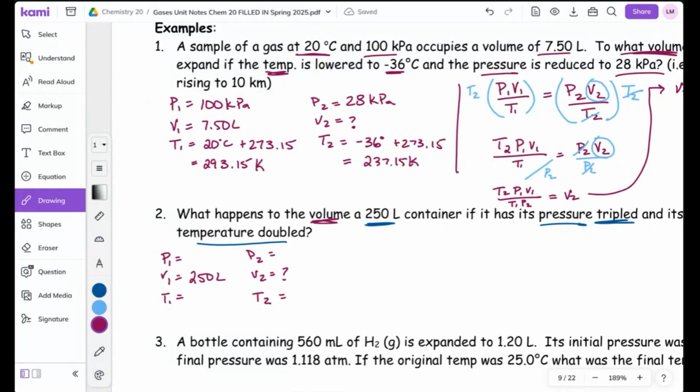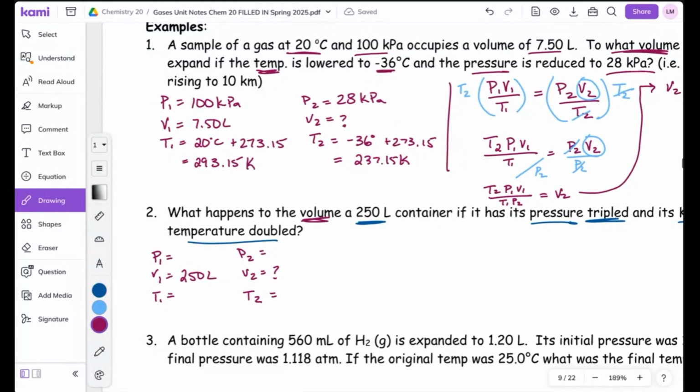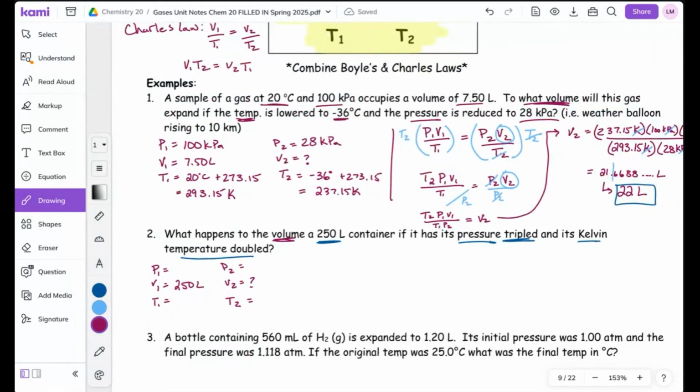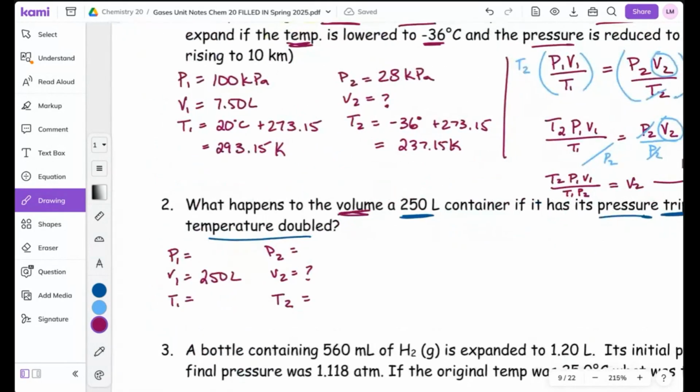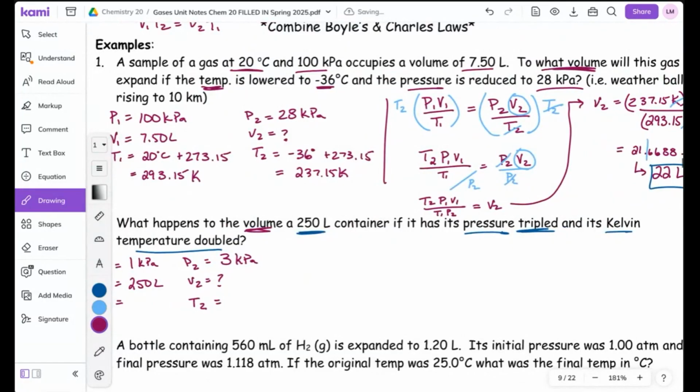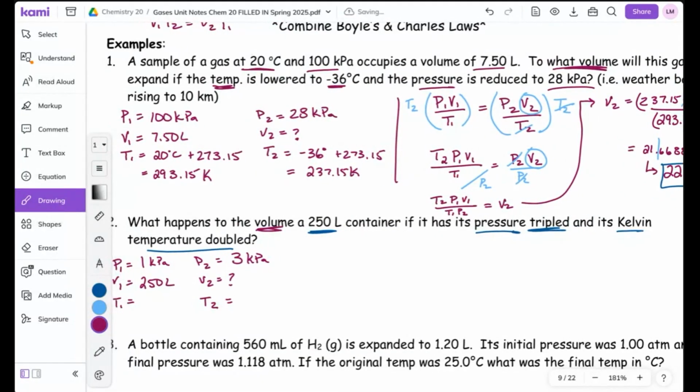What's volume doing? Okay, so to make our life easy, it says pressure is tripled. So let's say pressure 1 is 1 kilopascal. So if pressure has tripled, then triple of 1 kilopascal is going to be 3 kilopascals. Okay, and now for temperature, same sort of idea.